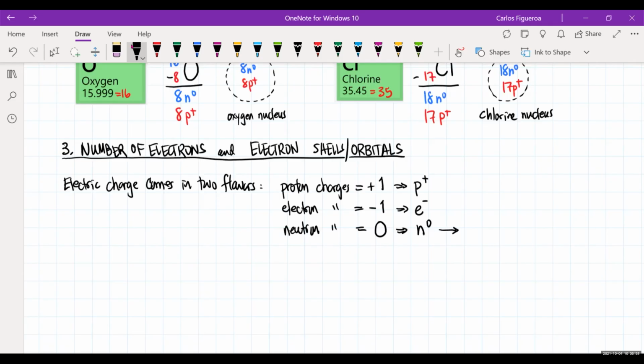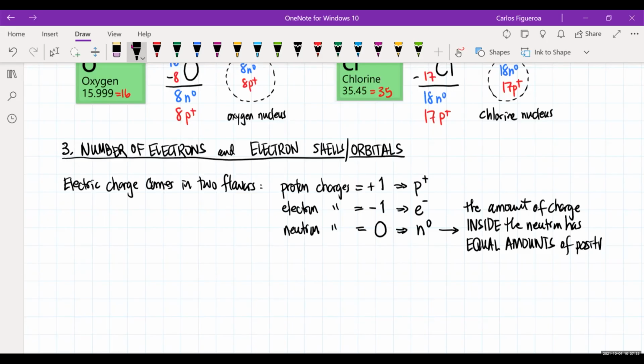What we find here is that the amount of charge inside the neutron has equal amounts of positive and negative charges.